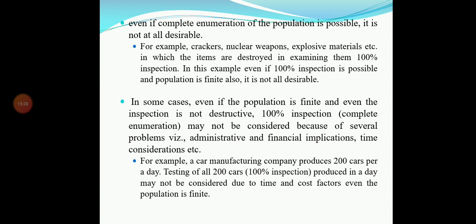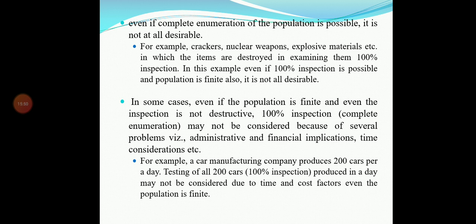Therefore, it is not at all correct. Complete enumeration is not correct. Similarly, you consider crackers, explosive materials, some kind of chemicals, etc. If you want to test the chemical, whatever the amount of chemical manufactured, then obviously no chemical will be there to use.